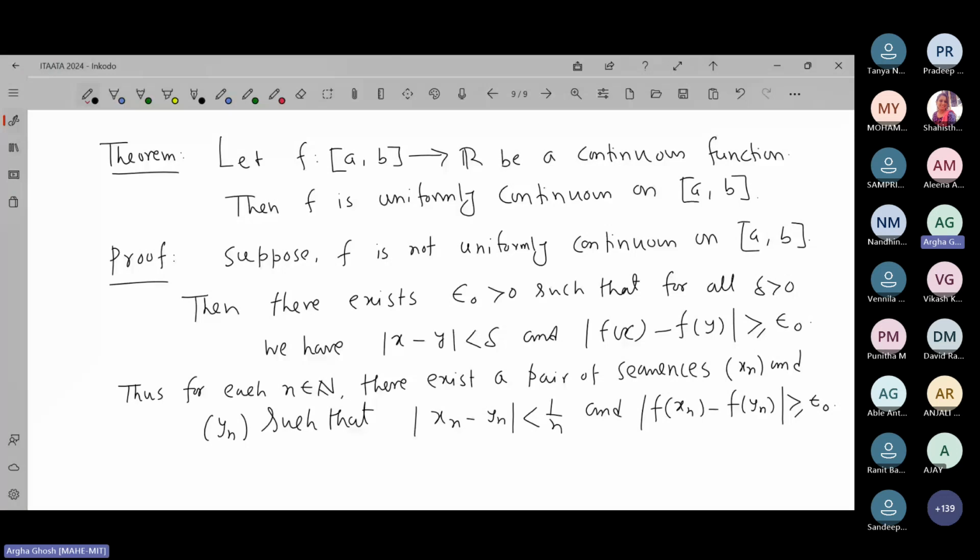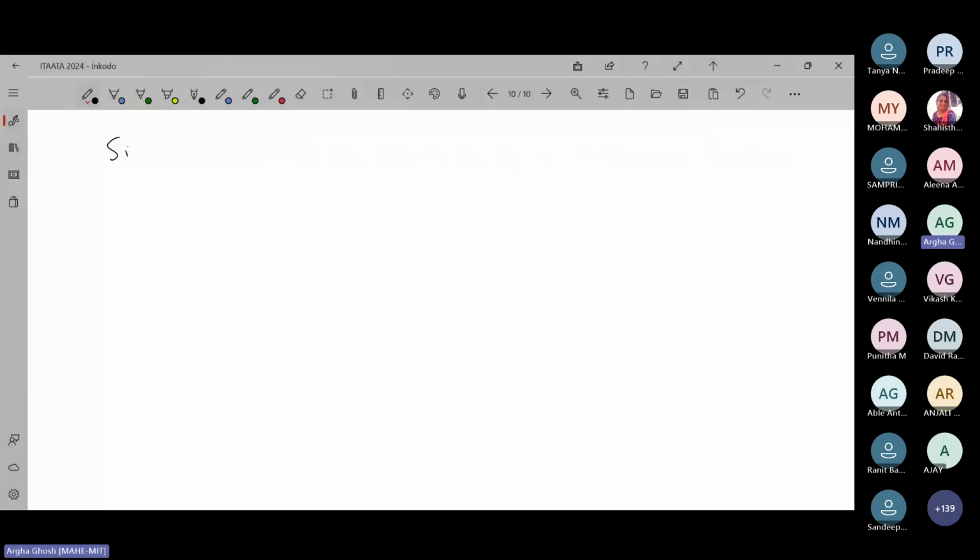Now look over here. x_n and y_n are both bounded sequences. Why? They are sequences from this set [a, b], the closed and bounded interval. So since x_n is a bounded sequence, what can we say?